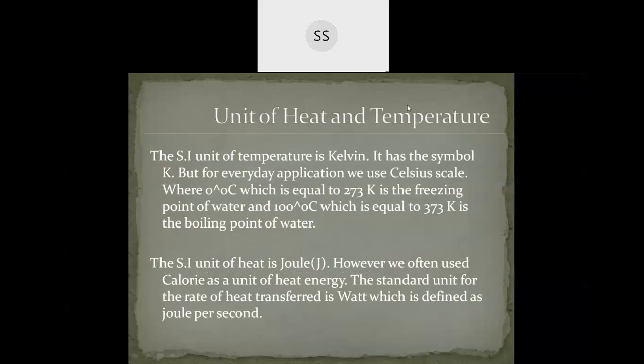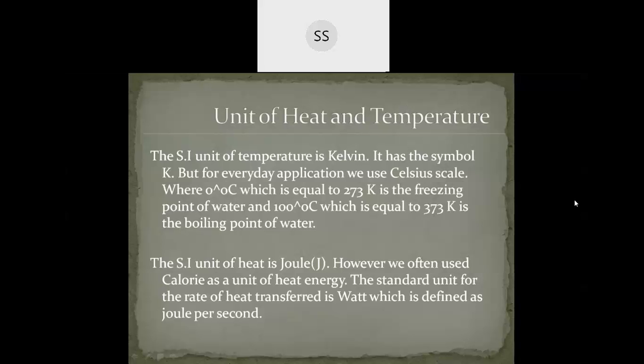The SI unit is joule, but we use calorie also. We know that heat can be transferred from one body to another easily, right? So the rate of heat transfer is measured in watt. It is defined as joule per second. Watt and joule per second is the same thing.